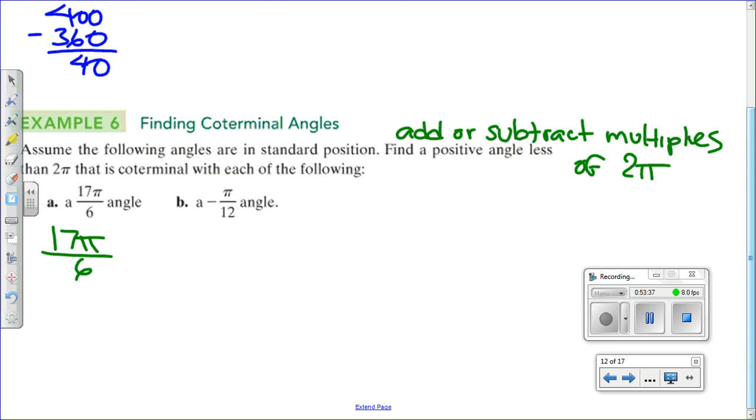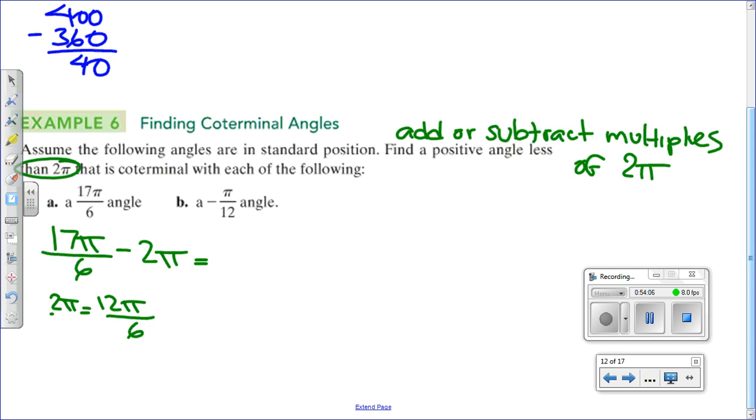Roughly, will that be more than a circle or less than a circle? More, yes. Because 2 pi is equivalent to 12 pi over 6, since 12 divided by 6 is 2. So we know that's more than a circle, but we want our coterminal angle to be less than 2 pi and positive. So we're going to have to subtract 2 pi.